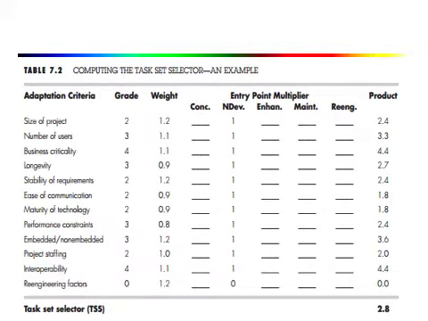Here's an example which illustrates how the TSS might be computed for a hypothetical project. Okay, so we have the table with adaptation criteria, grade, weight, entry point multipliers, and the product. The project manager selects the grade as shown in the table.